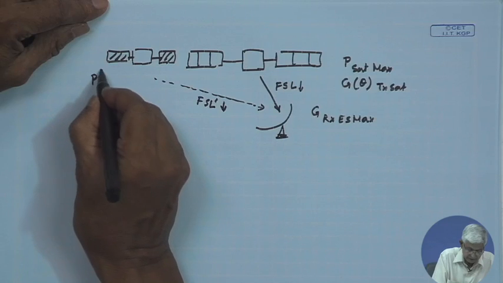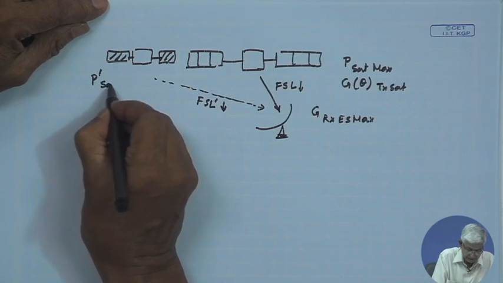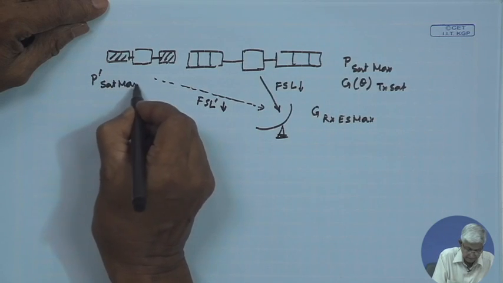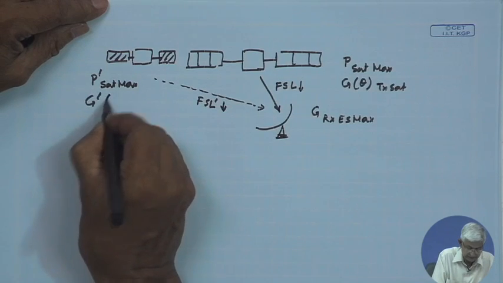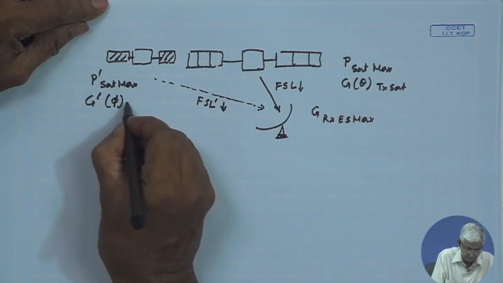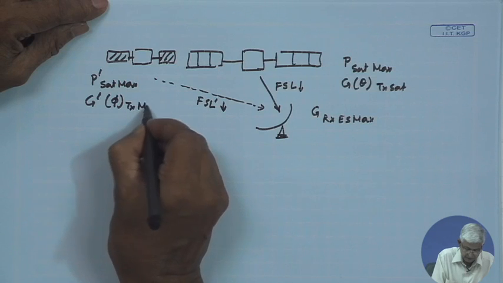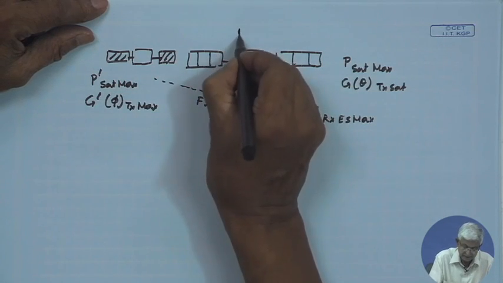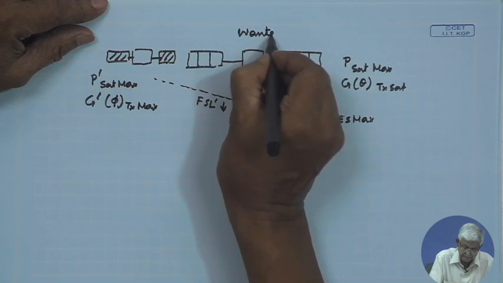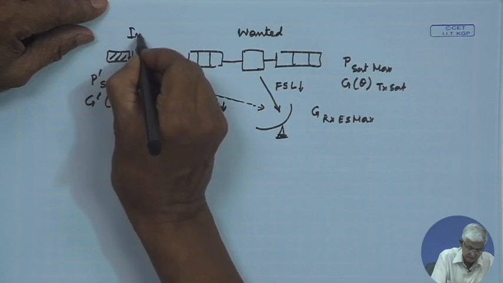So, it is P dash satellite max, P dash because it is interfering to the downlink, and it is G dash phi transmit max from the satellite. It is interfering, this is the interfering satellite. This is the wanted satellite, this is the interfering satellite.